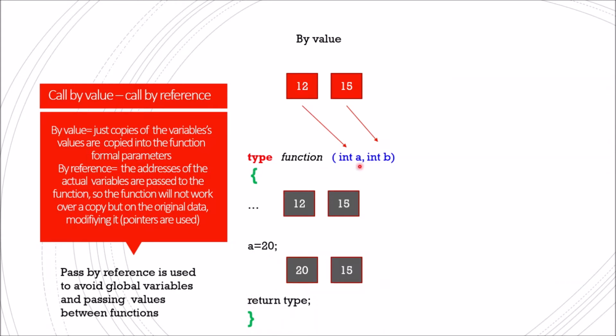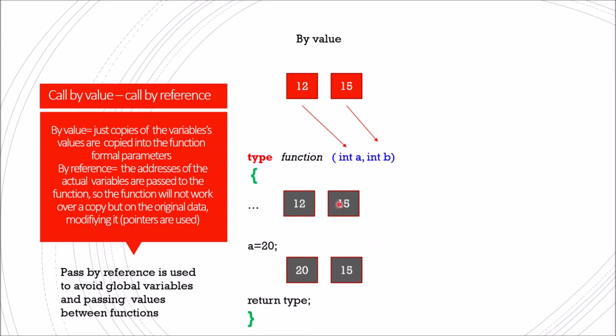It means, remember that we call these two variables here formal parameters. So whenever I pass the arguments 12 and 15, it will create a copy in this integer a and integer b, which live inside this function, and will store copies of these values that I pass to that function.